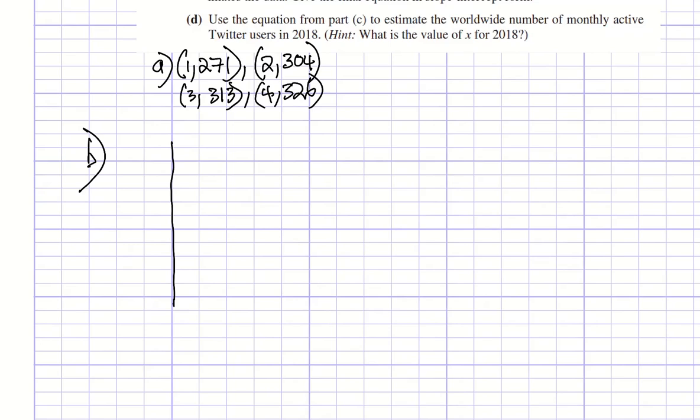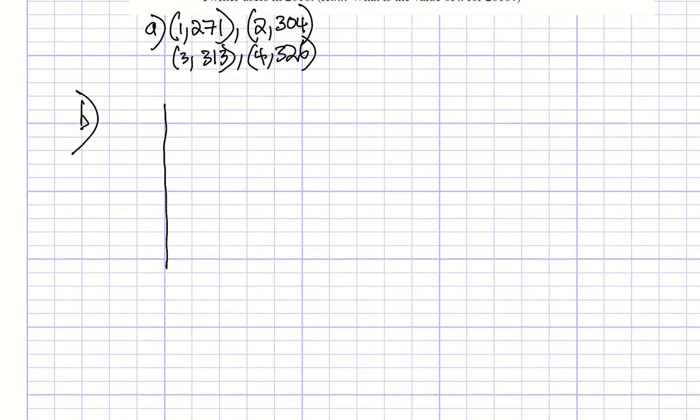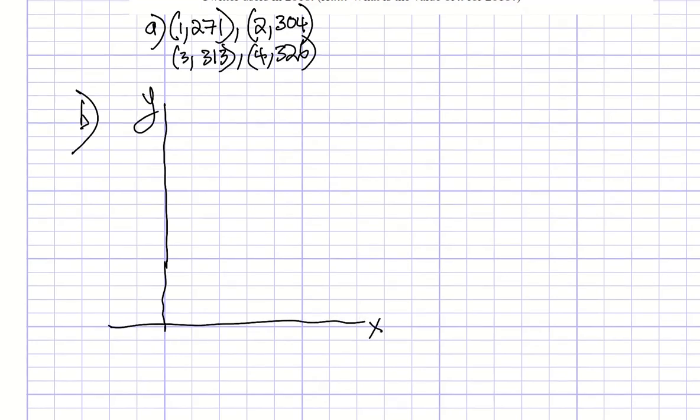We don't really need these 4 of them. We can come all the way down here like that. This is x, this is y. x is 1, 2, 3, 4. 2 spaces represent 1, 2 spaces 2, 2 more spaces 3.